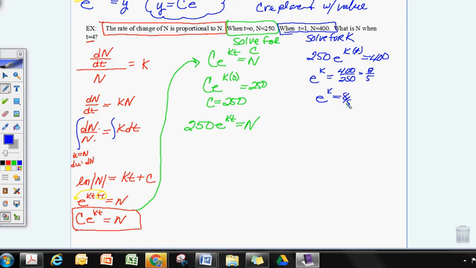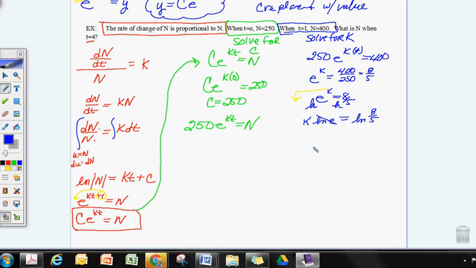If I wanted to solve for k, I am going to go backwards and introduce a natural log on each side. And remember, when I introduce a natural log, that lets me get the k out of the exponent because that's where I want to solve for. And I get k natural log of e equals the natural log of 8 over 5. Guess what?